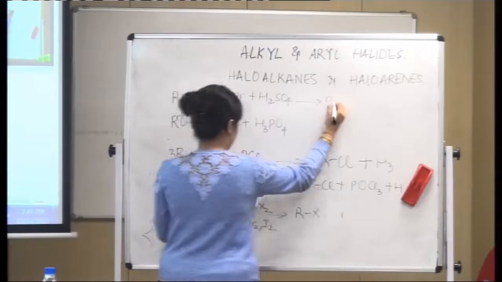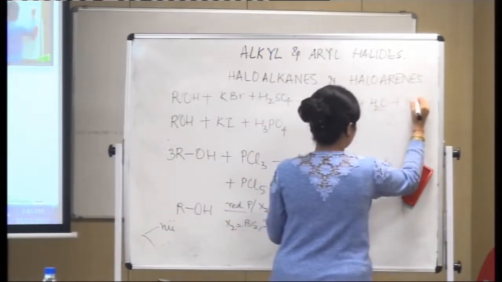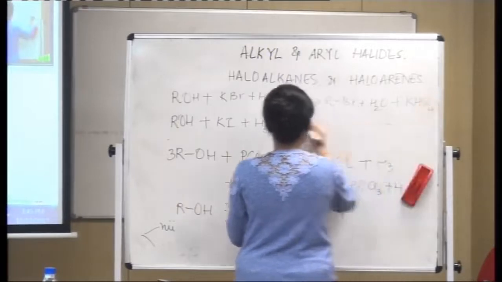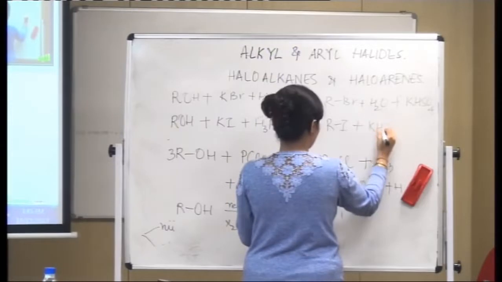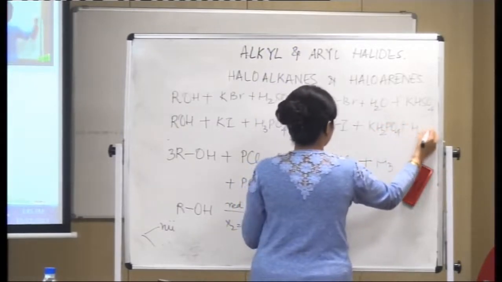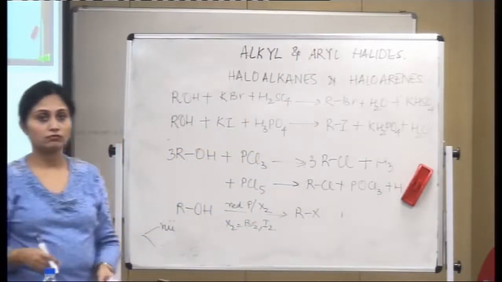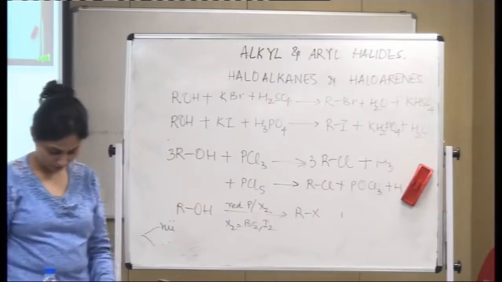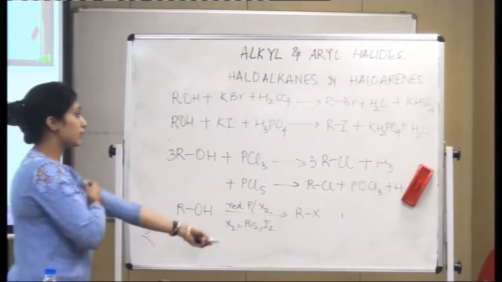This will give you RBr plus water plus KHSO4, and this will just give you RI plus KH2PO4. These are the salts which are getting formed, plus water. Okay, so these are the methods.